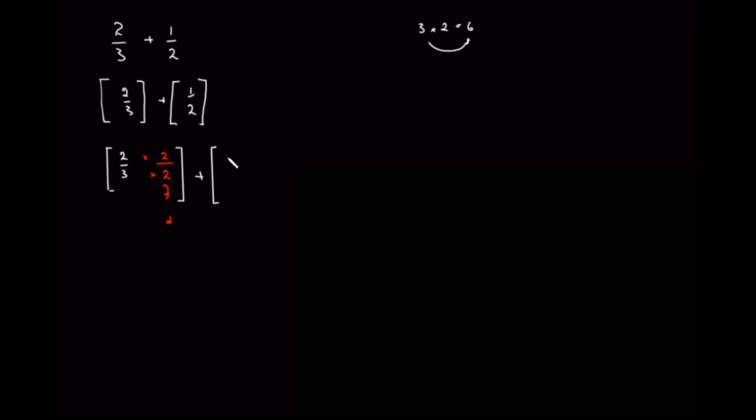Here's the half. Again, if I want to multiply it by 1, I don't change it, but 1 comes in many forms. If I want the 2 to become 6, I multiply it by 3. So I have to multiply the bottom by 3.